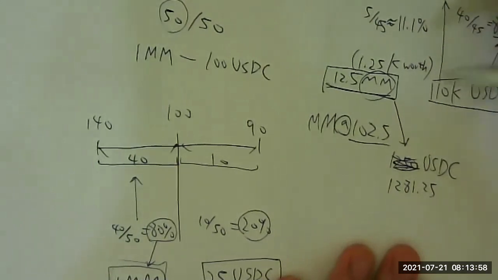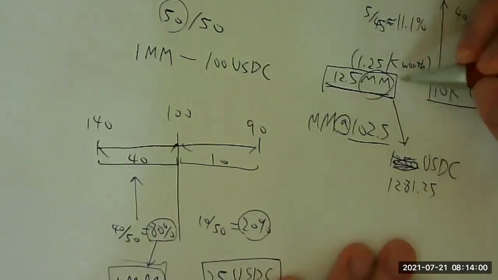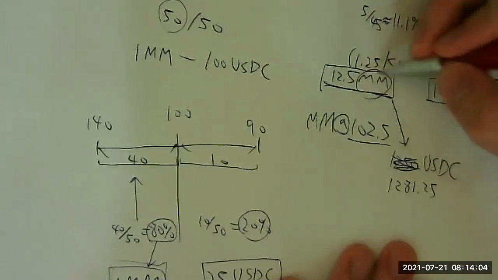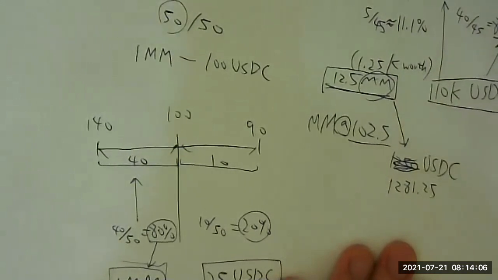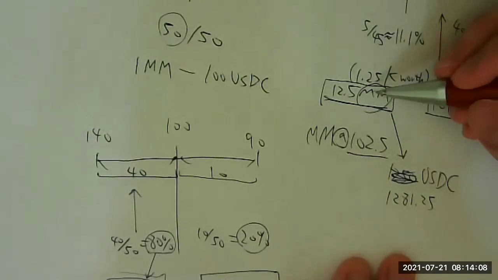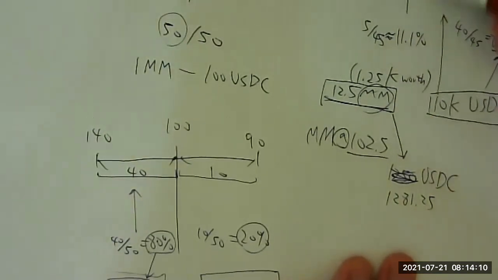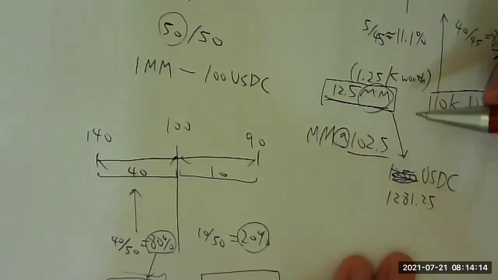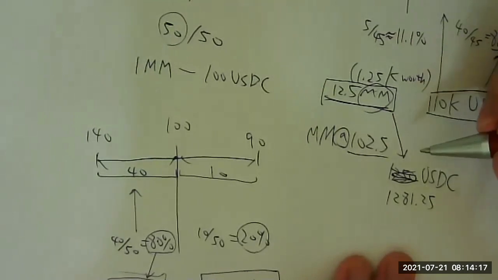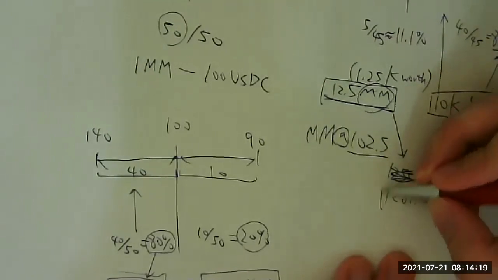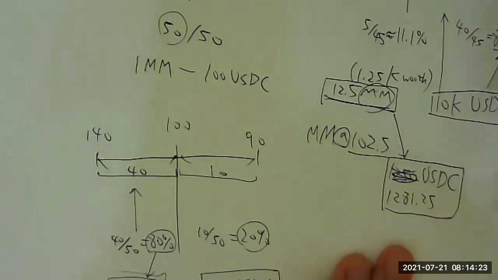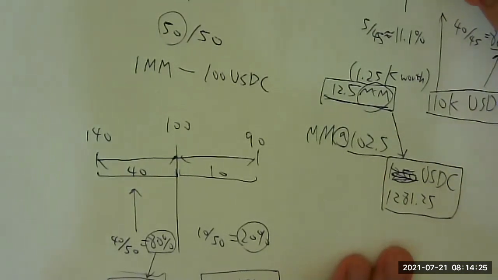because you are just selling your MM for USDC, and if it goes down, you'll be converted back to MM through the same process. So that will be the thing you get after it goes above your range.